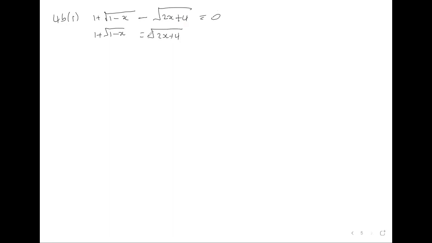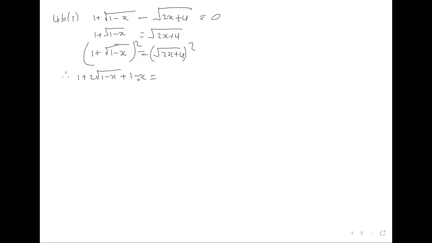Then we're now going to square on both sides. So squaring on both sides, we square this side and we square the other side. When we expand on the left, we have 1 plus 2 root of 1 minus x plus 1 minus x. The 1 to that power, then this by this gives us this, then this raised to that power, the square and the square will go.